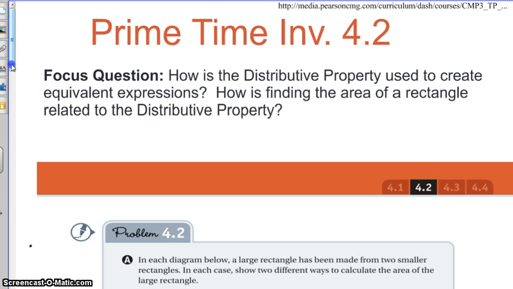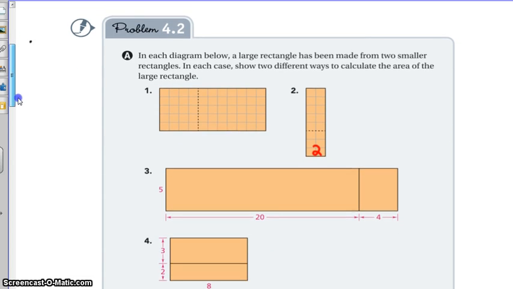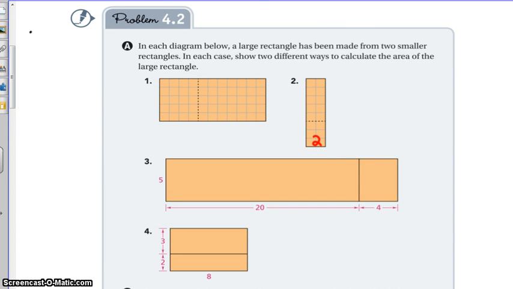Okay, so I'm going to take a look at some problems in our book here, and we're going to apply the distributive property to them. A lot of times when we're introducing the distributive property, we're going to talk about a rectangle model or an area model. What we're going to do here is take a large rectangle and cut it into two smaller ones and then show two different ways to calculate the area.